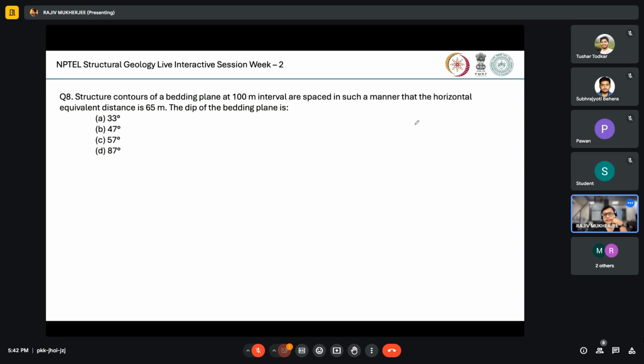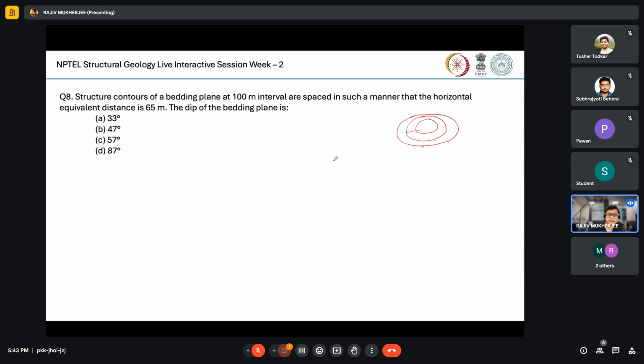If you have seen a topographic map or topo sheet, you will see that there are some contours given. Contours are surfaces or lines connecting equal elevations in a region. So this line contains points of equal elevation.